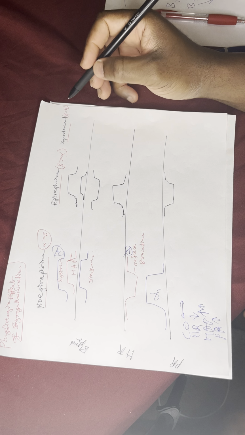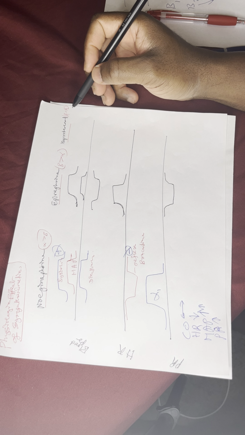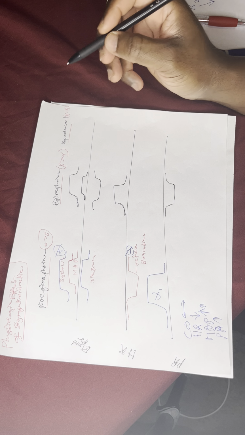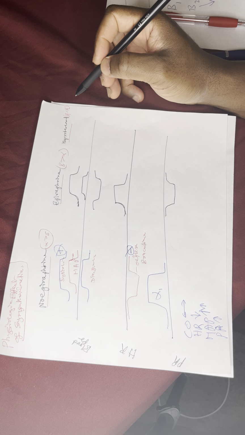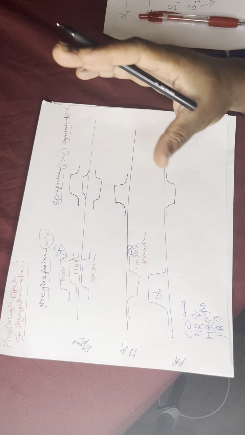Now let's go to isoproterenol. The effect of isoproterenol on beta 1 is equal to the effect on beta 2. In other words, isoproterenol has equal effect on both beta 1 and beta 2 receptors.